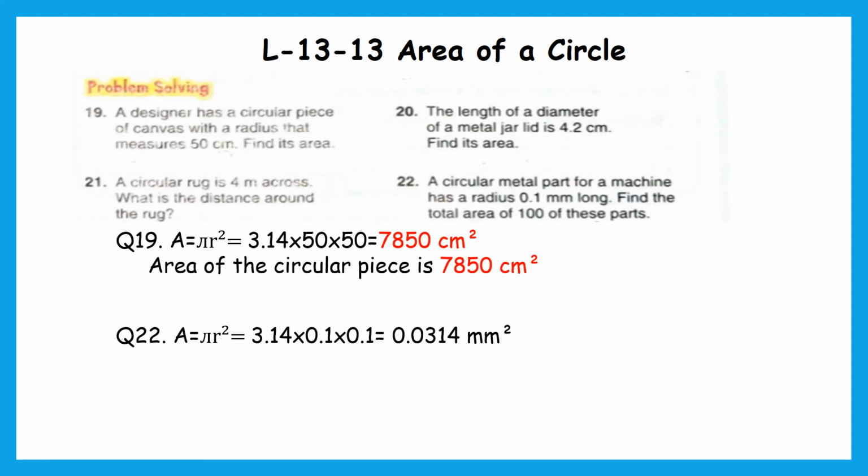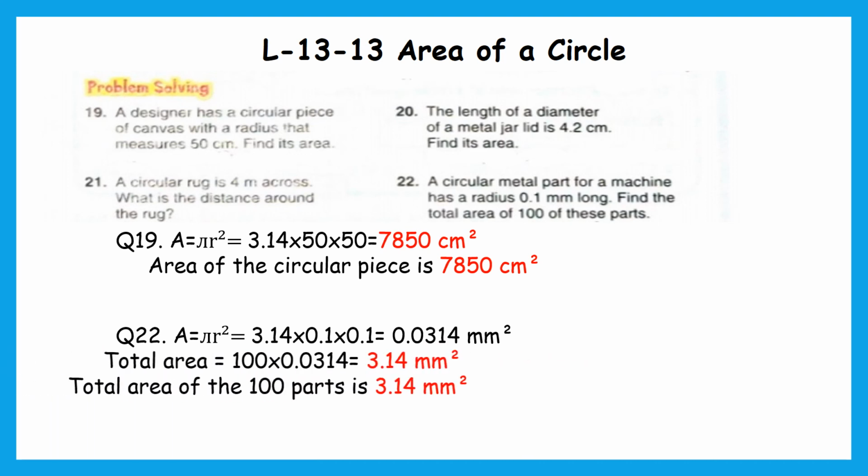A is equal to pi r square, 0.1 and 0.1. The answer is 0.0314 millimeter square. This is the area of one part.